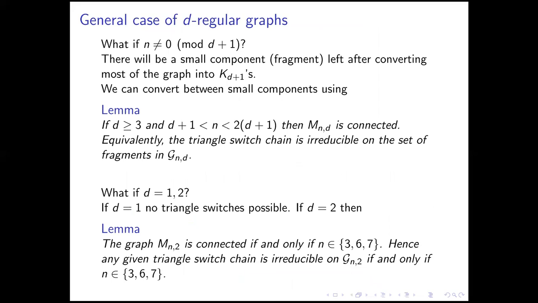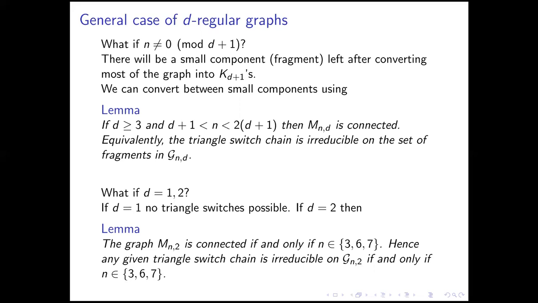Okay, so just to summarize the general case, what about if n is not congruent to 0 mod d plus 1? Then after you've done this breaking off the K_{d+1}s, you're going to be left with what we call a fragment. It's of size at least d plus 1, and size less than 2d plus 1, because the previous theorem covered 2d plus 1 or larger.